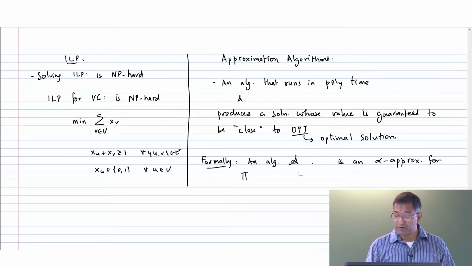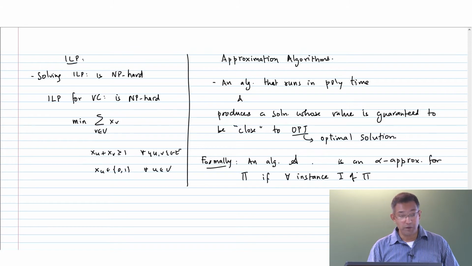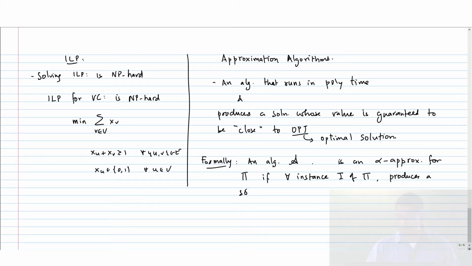Algorithm A is an alpha approximation for a problem pi if for all instances I of pi, if you take any graph and feed it to this algorithm, it will produce a solution, let us call it S, such that the cost of the solution S, which is in this case the number of vertices in the vertex cover returned by the algorithm, is at most alpha times the optimal solution, right. So, this is for minimization problems.